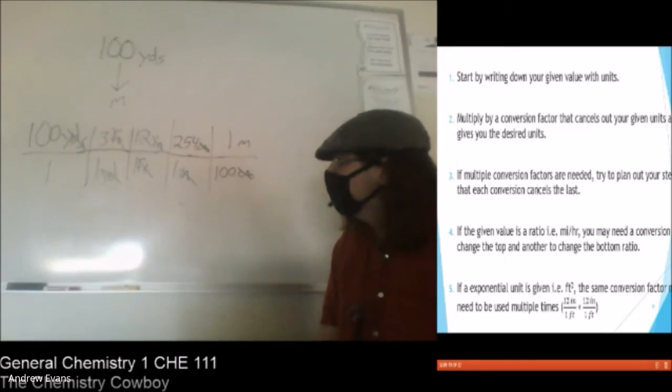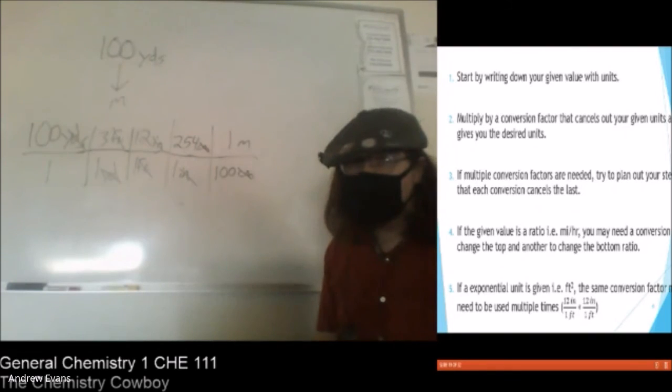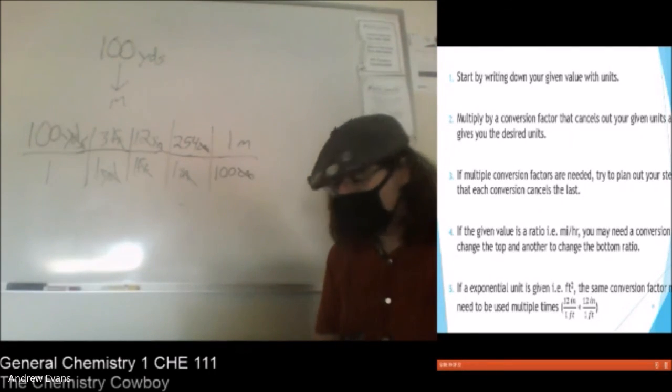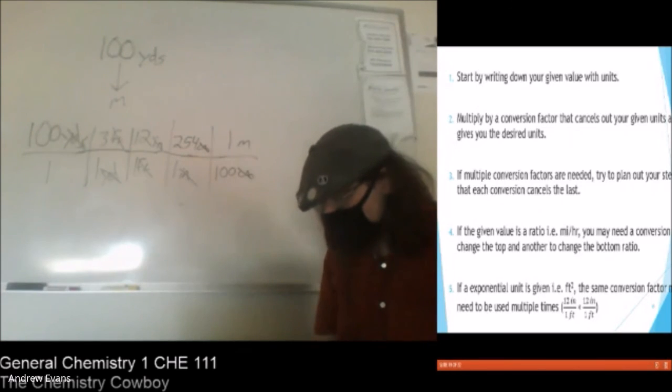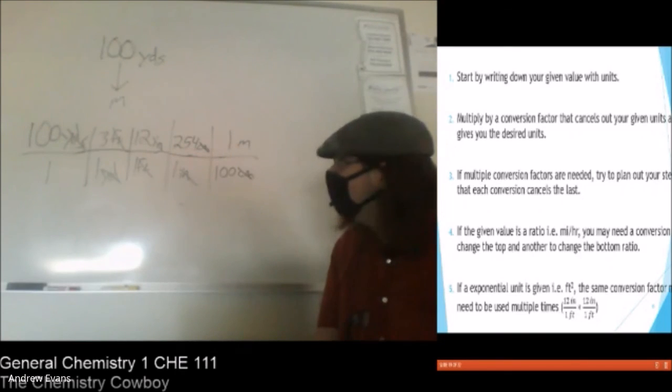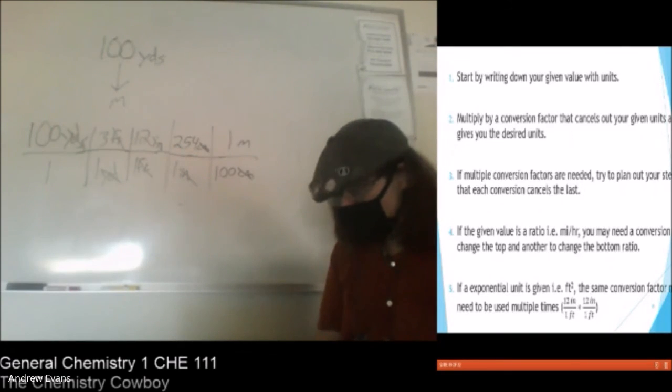Everything that is on the top of this equation gets multiplied. Everything on the bottom of this equation gets divided. So I'm literally going to take 100 times 3 times 12 times 2.54.